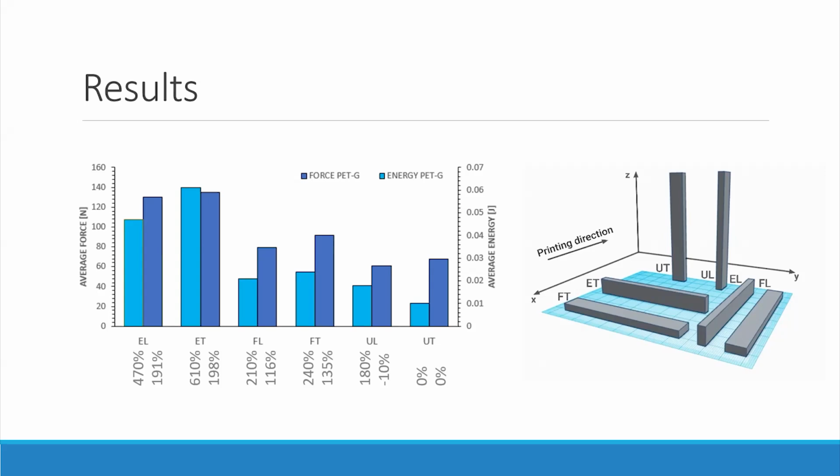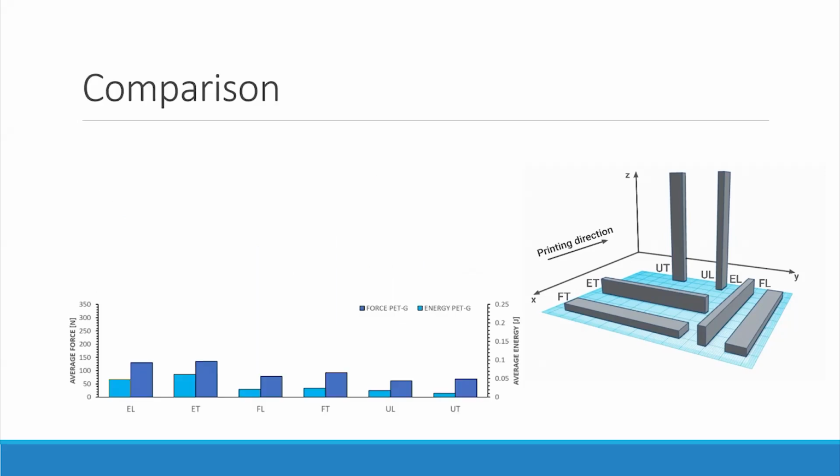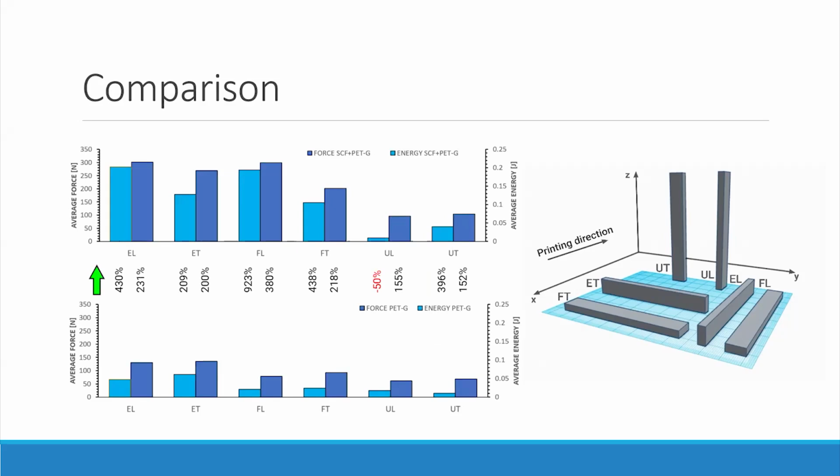This graph is presented purposely in this form, so we can easily see whether adding short carbon fibers has a big influence in achieving enhanced characteristics of the material. Yes, we can see that, for example, for specimen L, that is flat longitudinal, we have an increase of 900%.